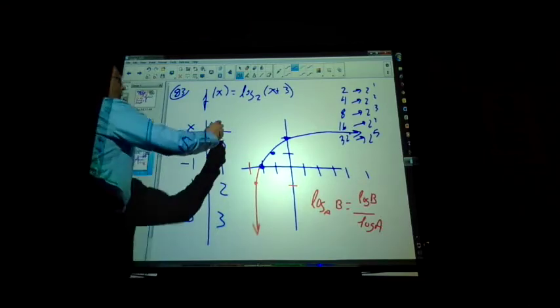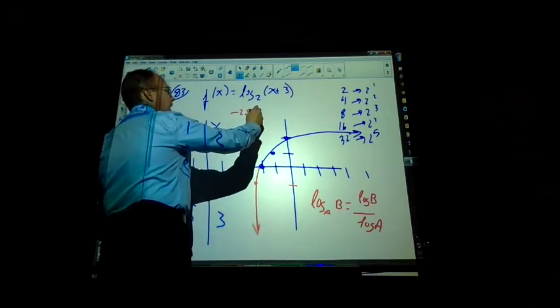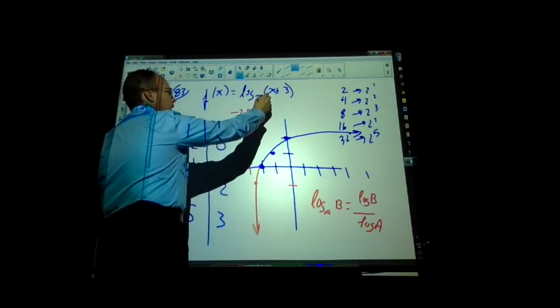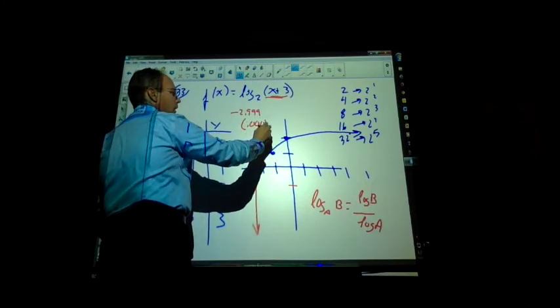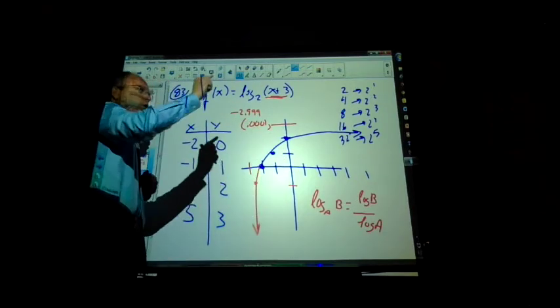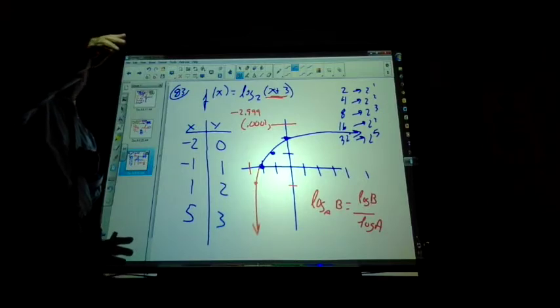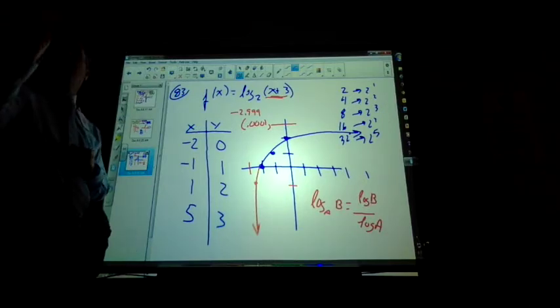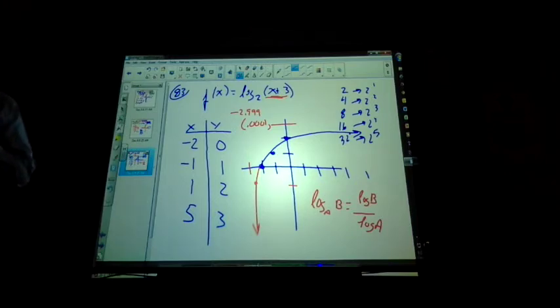So if I plug negative 2.9999 in, that's going to yield me 0.0001. So you're going to go log 0.0001, so 1/10,000, divided by log 2. No? Yes? What'd you get?